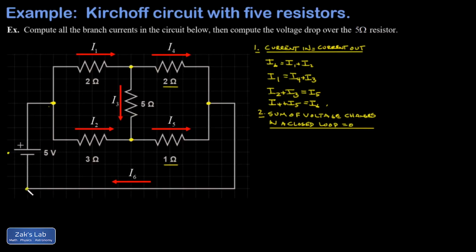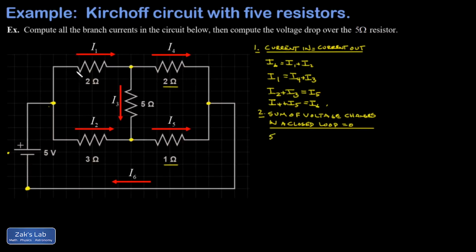I'm going to start from the lower left corner here. In my first loop, I'm going to go up to the resistor network and cross over through the upper branch of the resistor network, and then I'll get back to my starting point. In my second loop, I'll use the lower branch instead. So as I go up the power source, that's a voltage change of plus 5.